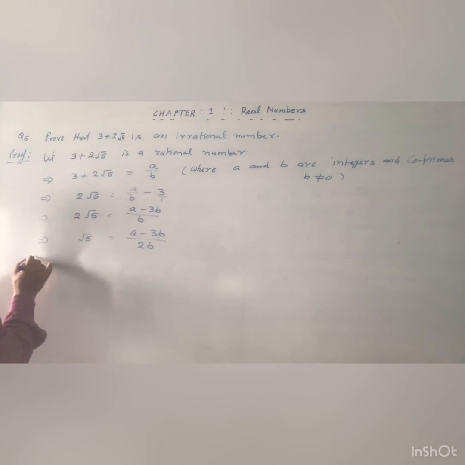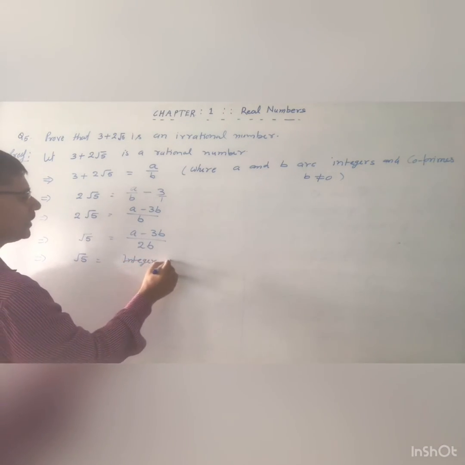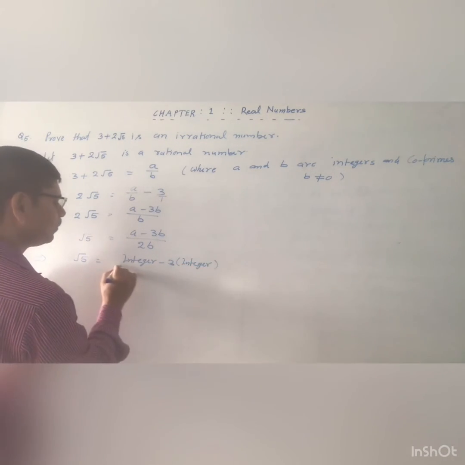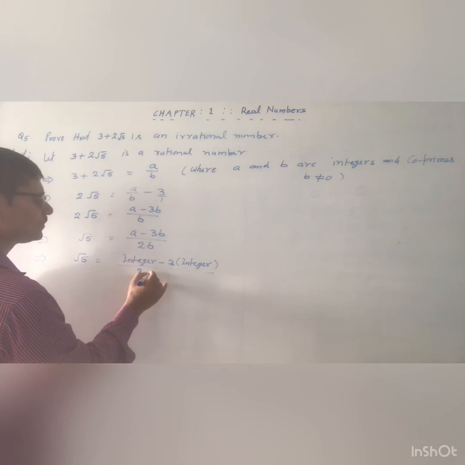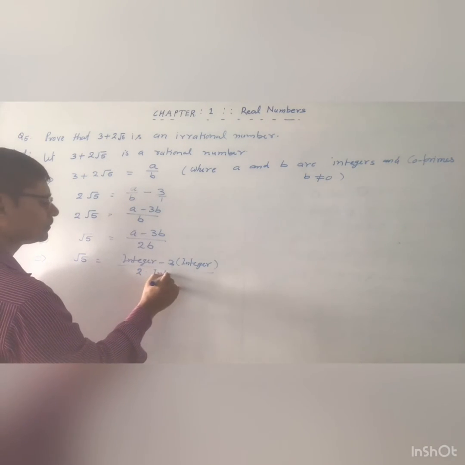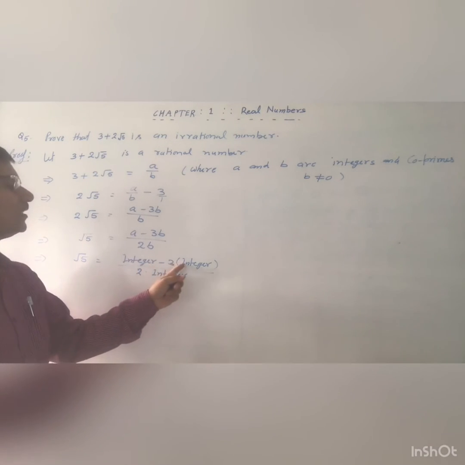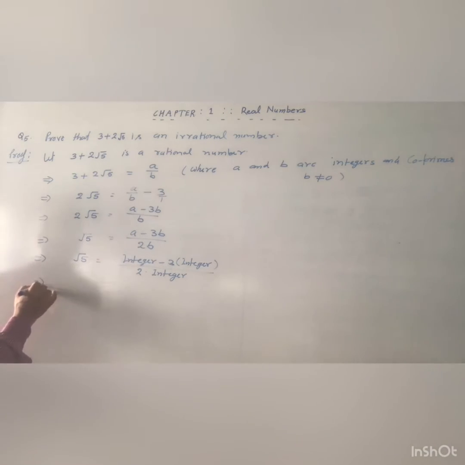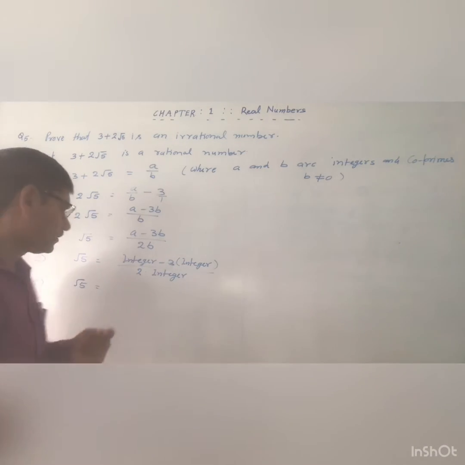A is an integer, B is also an integer, so this is an integer minus 3 into integer, divided by 2 into integer. That is, you will get under root 5 equal to a rational number.